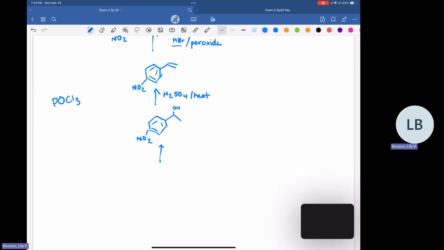That one? I think you can do that, right, James? It's like the alternative pathway. Going, instead of using the H2SO4, using something else. Yes.